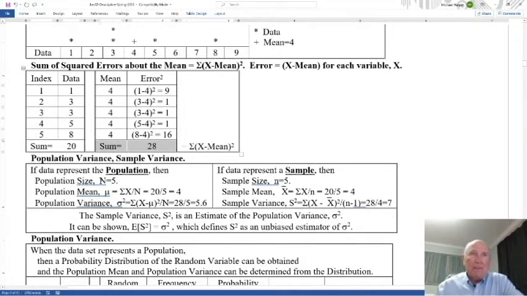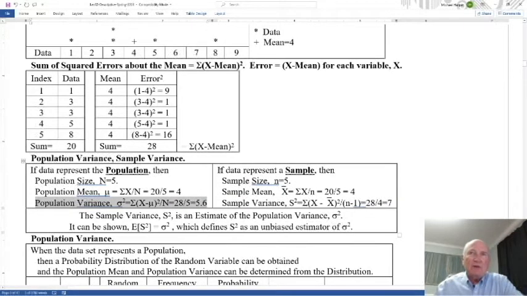Here we go. If the data represents a population, then the population size is 5. It's 5 numbers. The population mean is 4. We've done that before. And the population variance is the sum of the squared errors over n, which is 5.6.